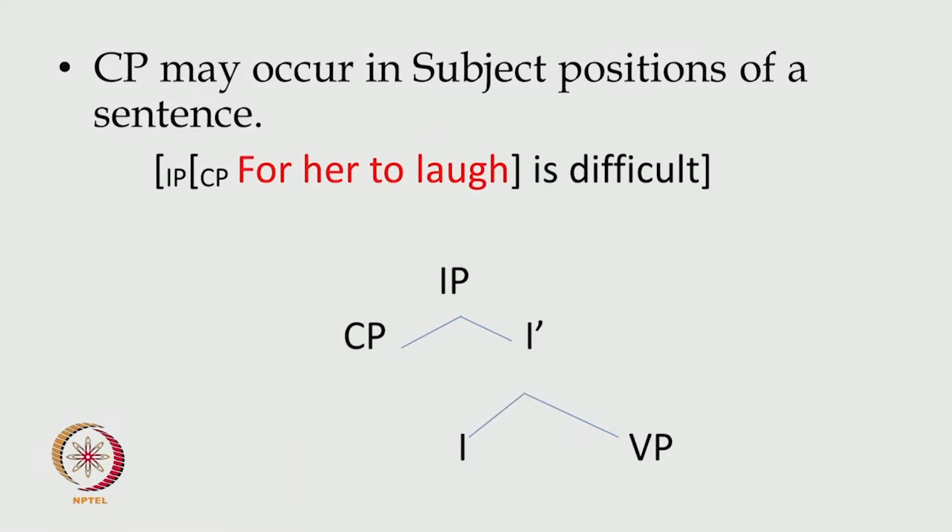And then we see that sometimes head C takes the whole IP as its complement, and then the recursiveness of language also allows sometimes CP appearing in the subject position or in the object positions.